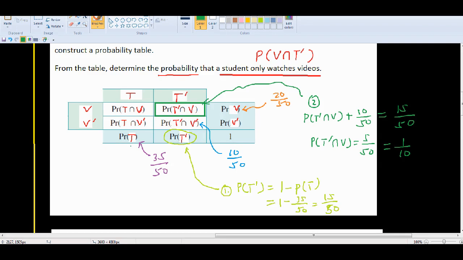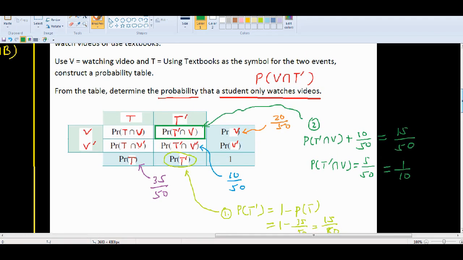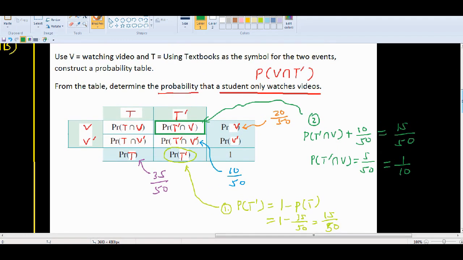Remember how to maneuver by using the definition of complementary events, and also the relationship that the sum of the column and the sum of the row equal the last element in that row and in that column. In the end you just think of one way to do it. Normally there will be 2 steps, then you can find the result.